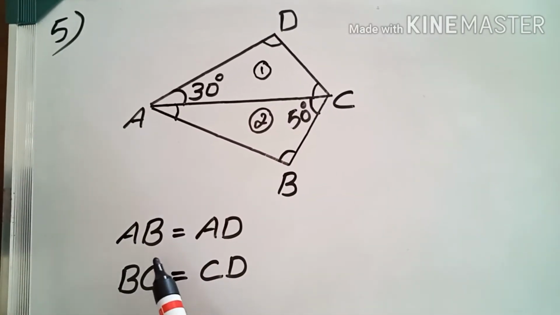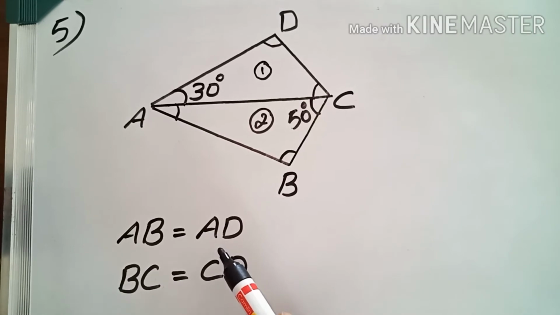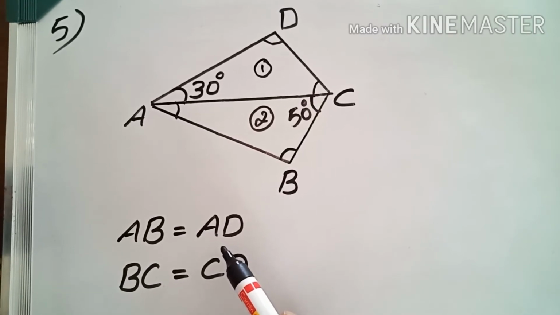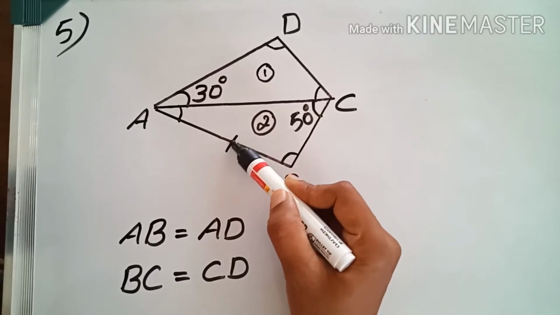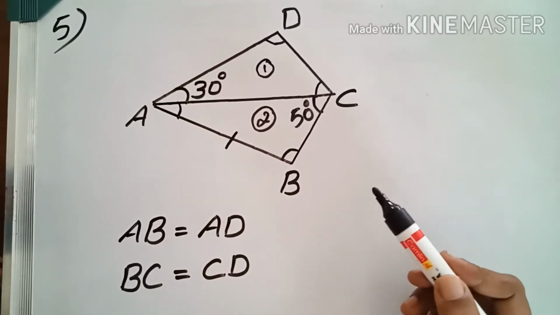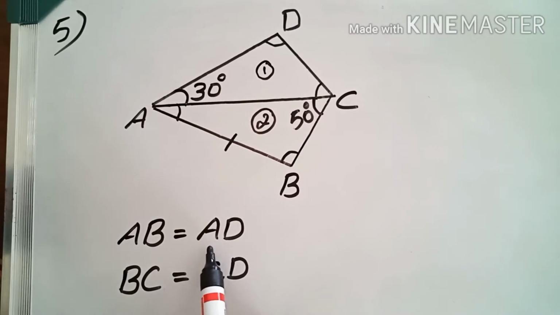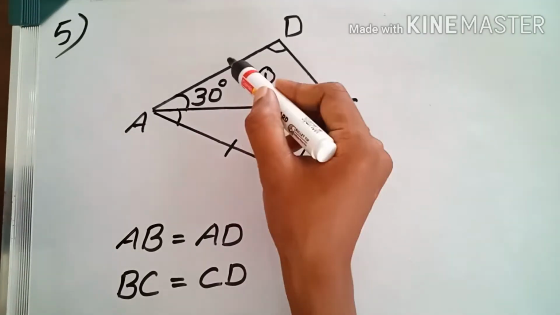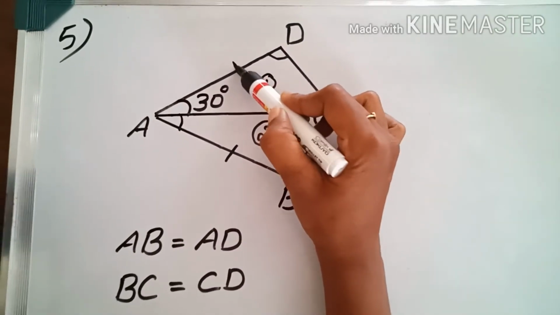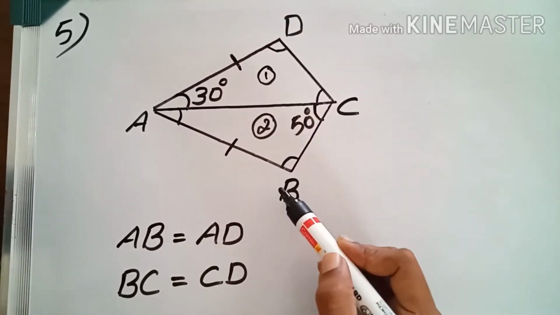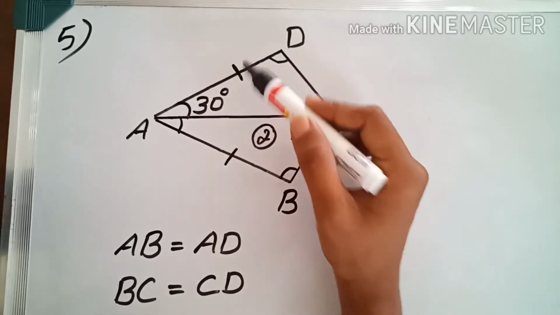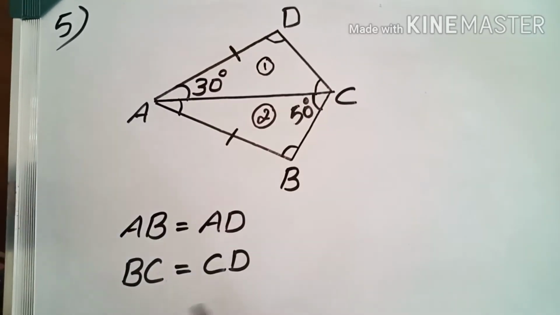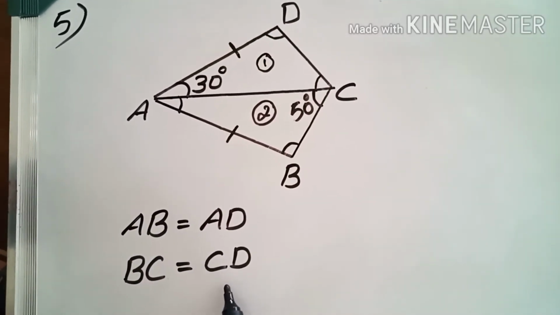First side is AB equal to AD. Which one is AB? AB is the side of the second triangle. This side is equal to which side? It is given as AD, that is here. So the first side is the same. AB of the second triangle and AD of the first triangle are the same. Now the next clue is BC equal to CD.